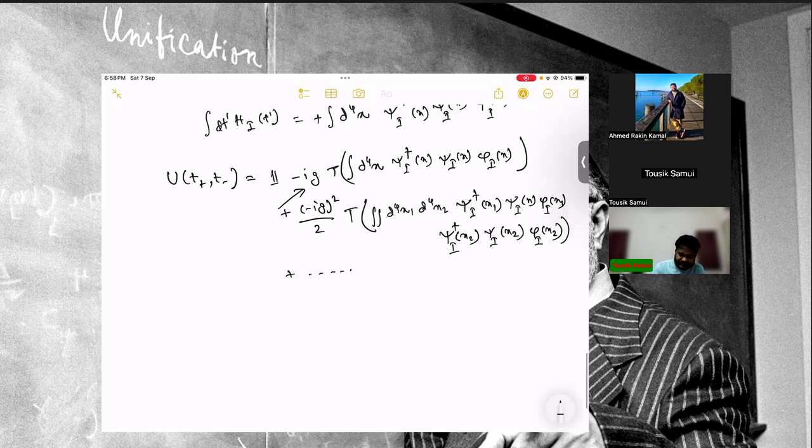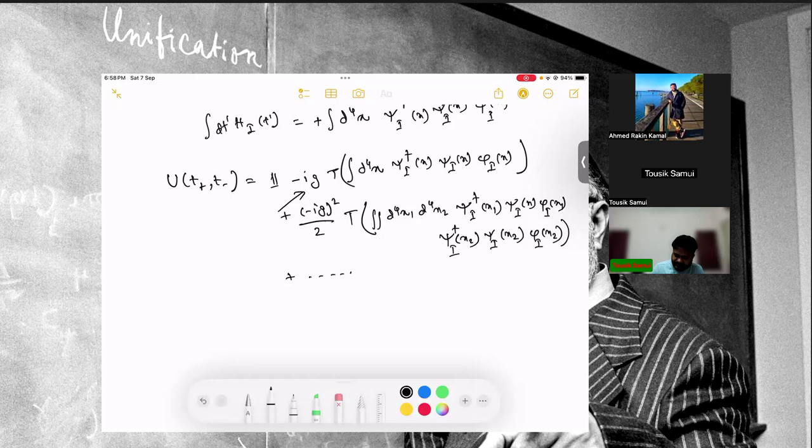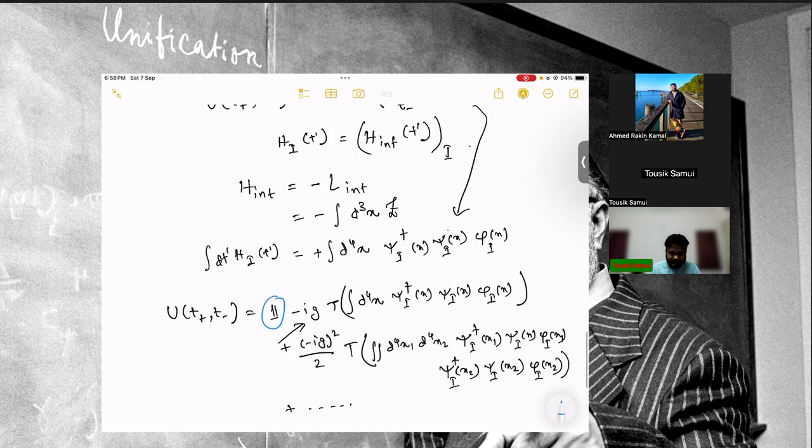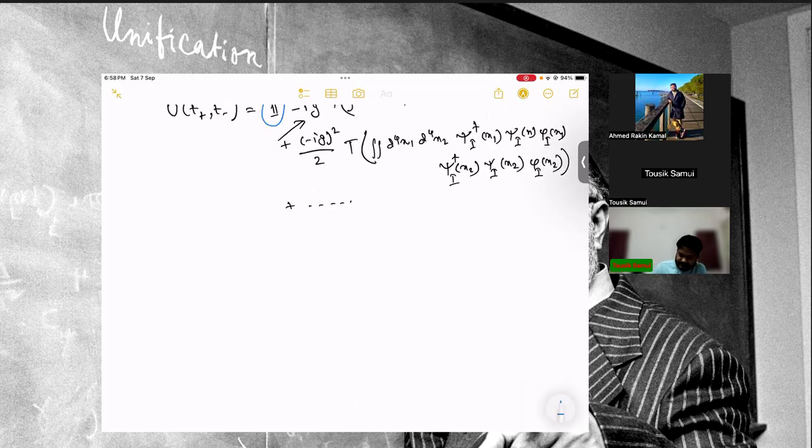Let us take the first term. The first term is this one, the identity. Let us see what happens if we take the first term.